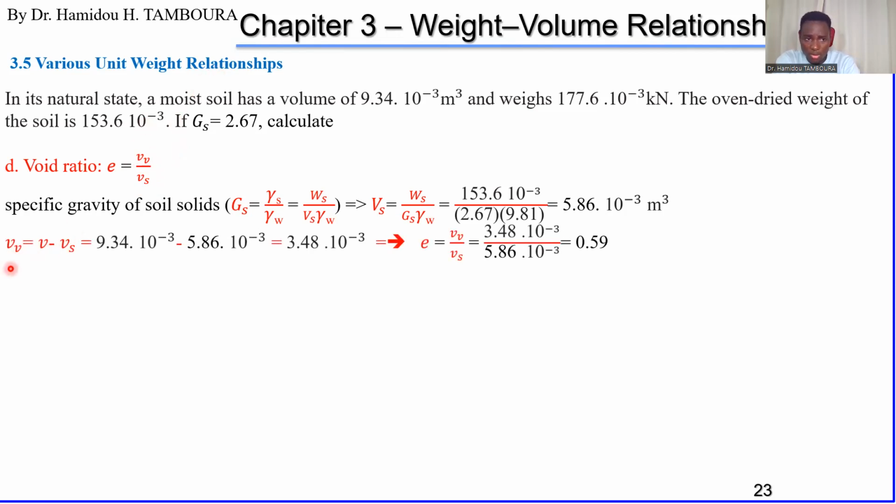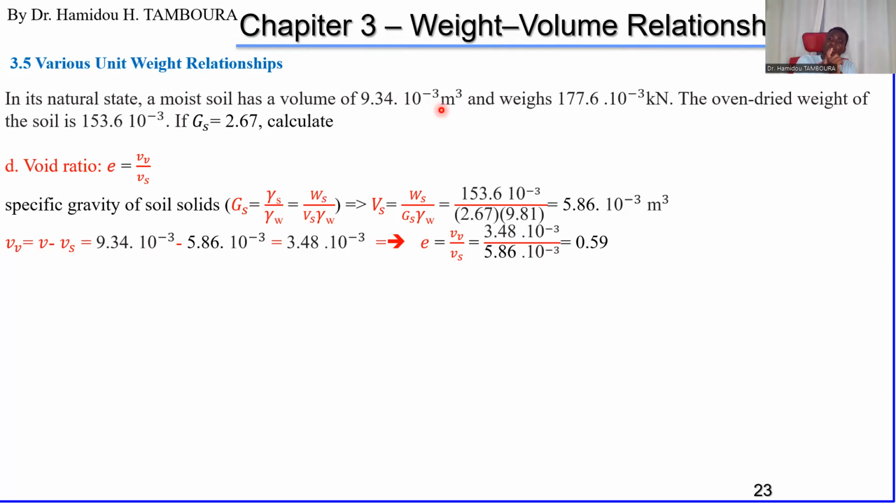For the volume of void, we can do the total volume minus the volume of the soil particle, because this total volume includes the volume of soil particle, volume of water, and the volume of air. And the volume of air plus the volume of water, these two make the volume of void.